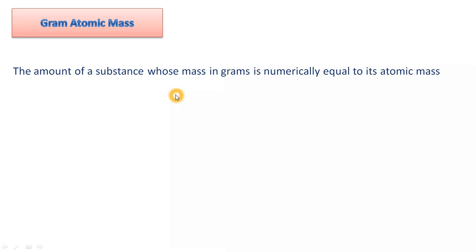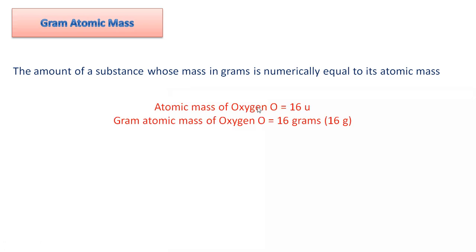And for writing the gram atomic mass of a substance, we write its atomic mass and then replace the atomic mass unit by the word gram. That is, we don't have to write the unit u, but we have to write the symbol g for gram atomic mass. For instance, if I am having oxygen and the atomic mass of oxygen is 16 units, right?